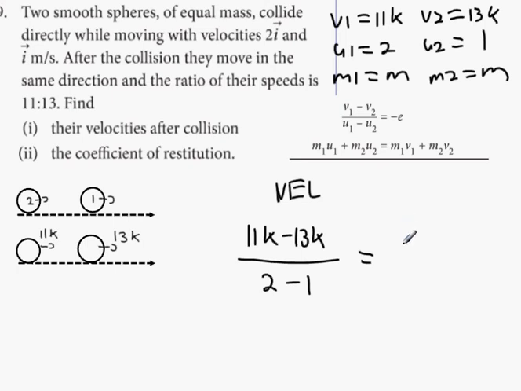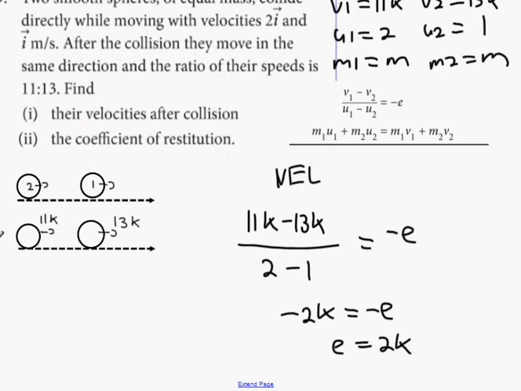Nothing about the e value, so I'll just keep it as minus e. Okay, cross multiply, we're going to get minus 2k equals minus e. e equals 2k. Right, so there's our first equation.